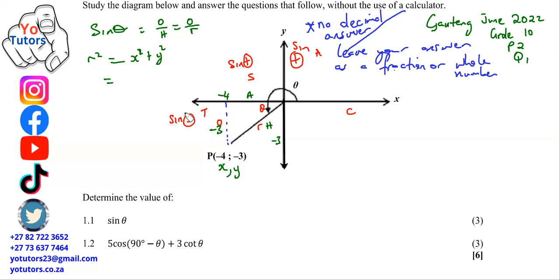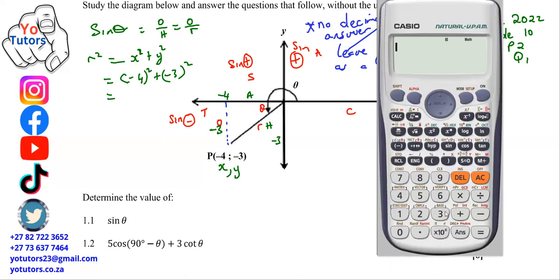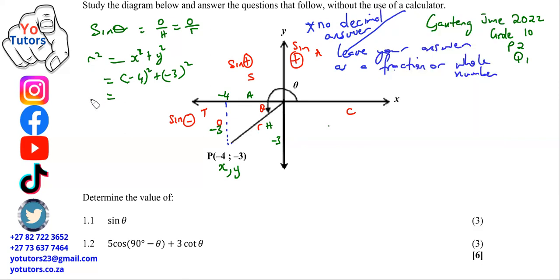Now, what is our X squared in this case? -4 squared plus -3 squared. And what do we get there? 16 plus 9, it's going to be 25.